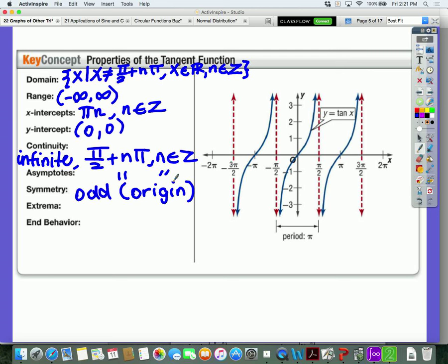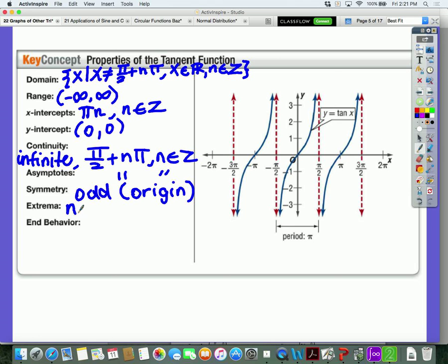Extrema means maxes and mins. Do I have any maxes or mins? No. That's where the discontinuity is. So remember, you usually say continuous when you hit infinity, but it's not continuous there. What do you say for extrema?